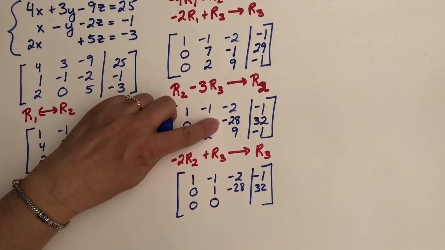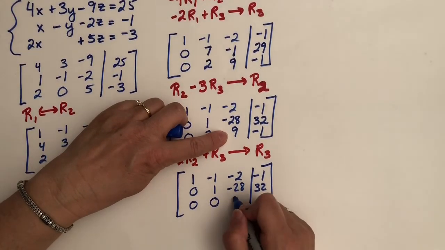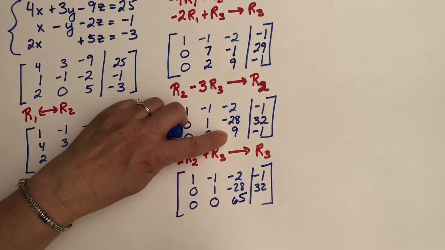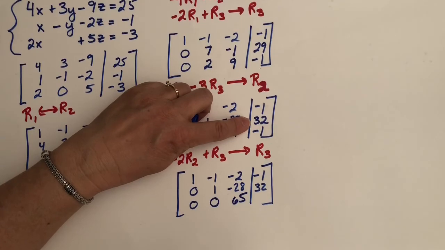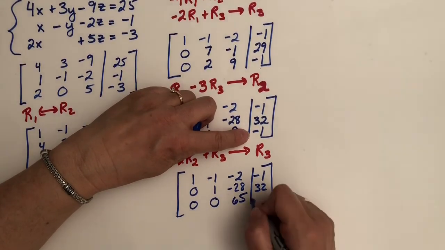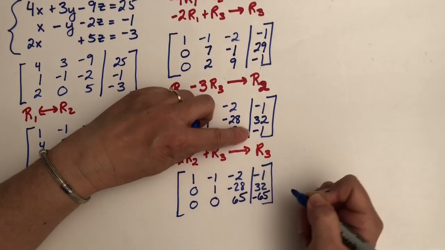Negative 2 times negative 28, and you could grab a calculator, you get 56. 56 plus 9 is 65. And negative 2 times 32 is negative 64. Minus 1 is negative 65. And we're here.